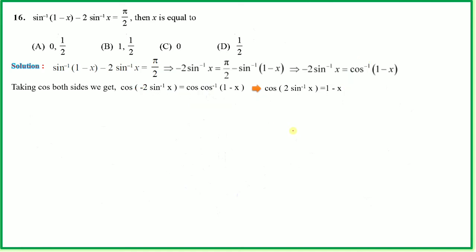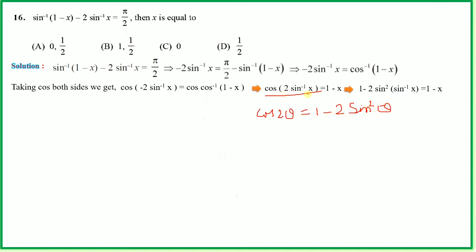Then this implies now cos 2 theta. Cos 2 theta is equal to 1 minus 2 sine square theta. This you have studied in 11th standard.